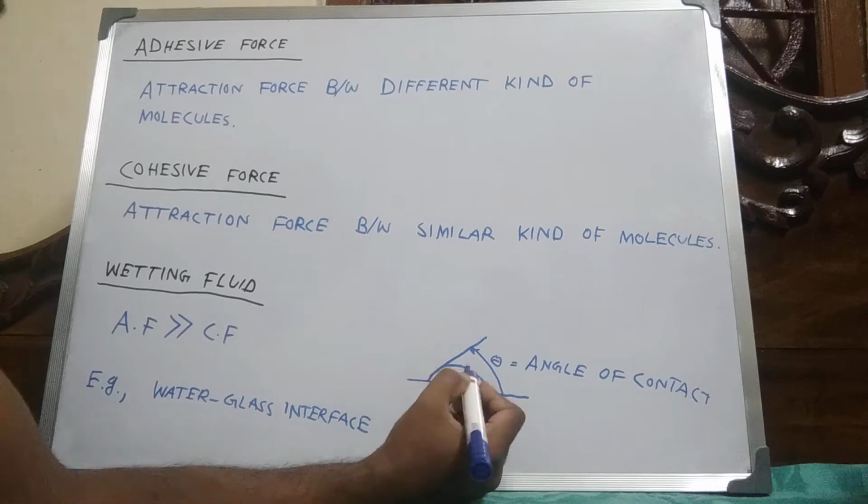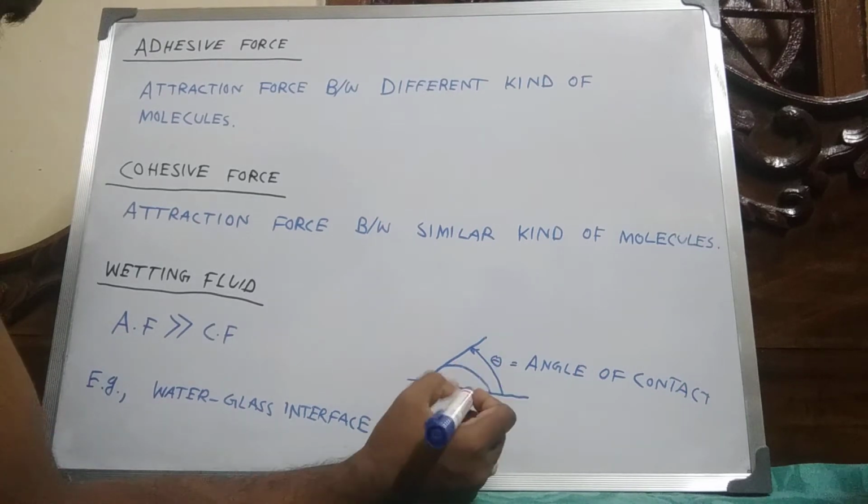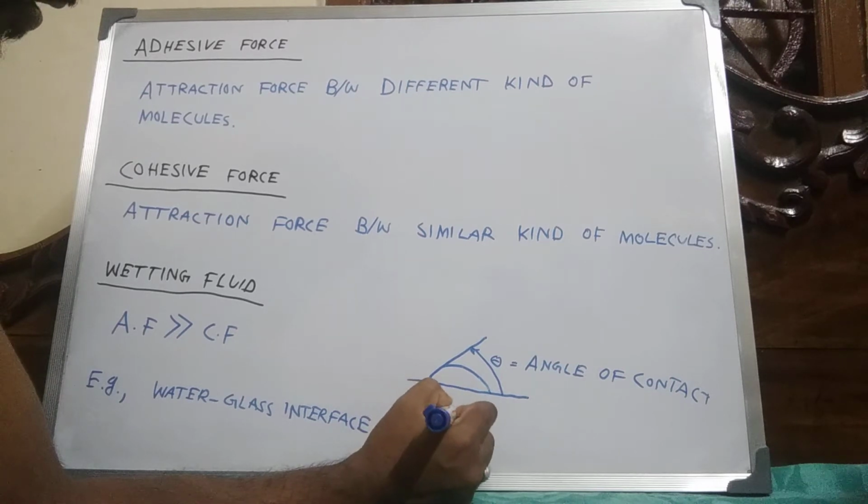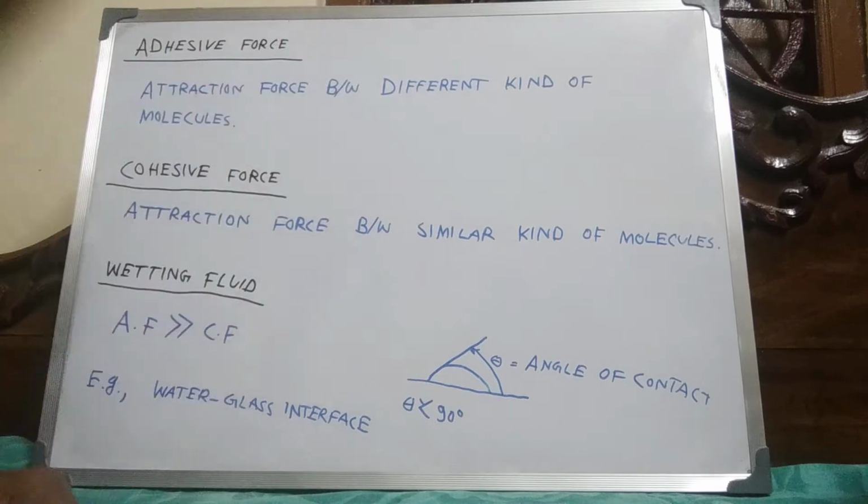Suppose this is a water droplet. The angle theta is less than 90 degrees for a wetting fluid.